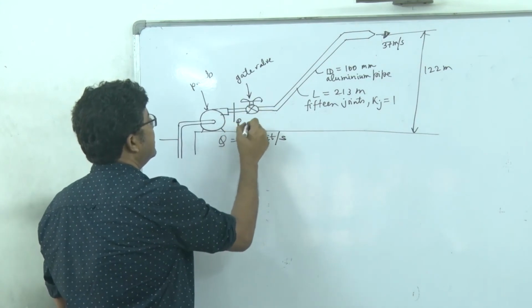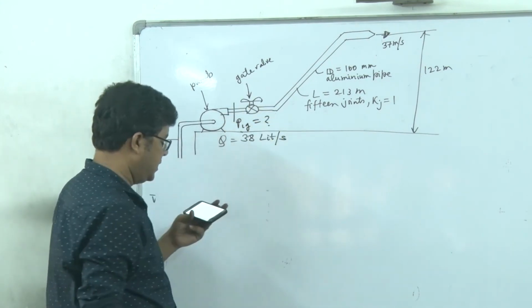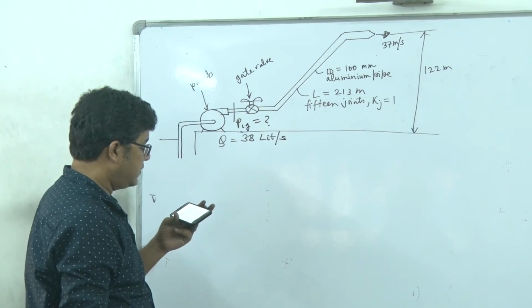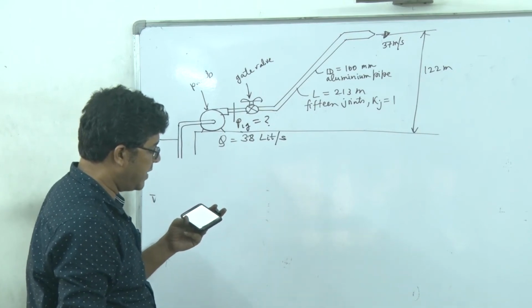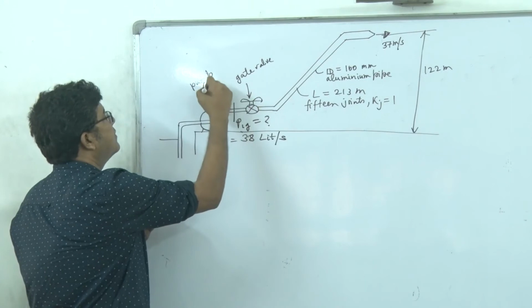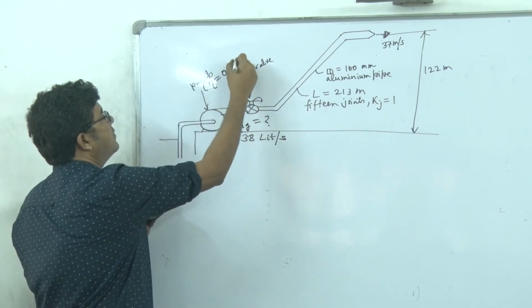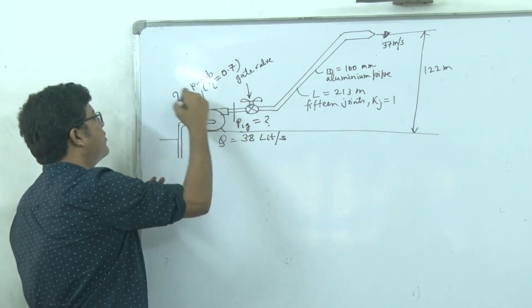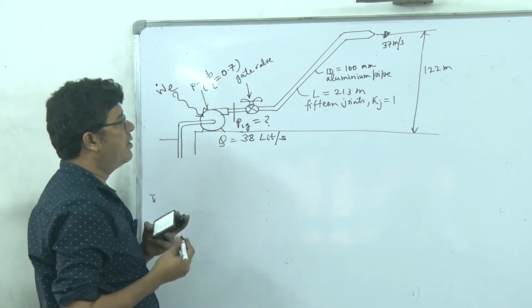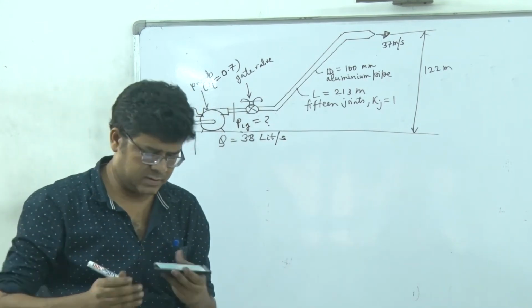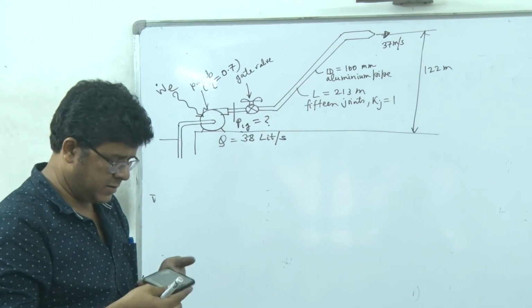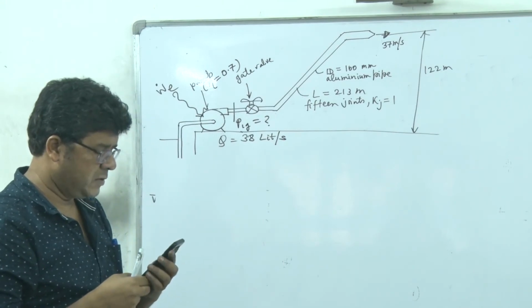Here P1G is to be estimated, and estimate the required power input if the pump motor set efficiency is 0.7. So we have to calculate what will be the electrical power required. That is also to be calculated.